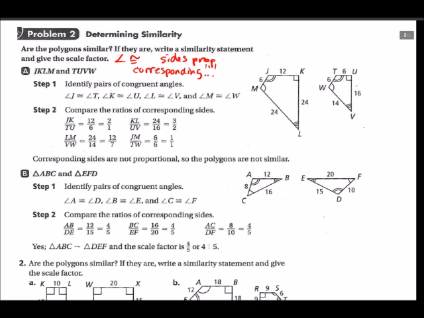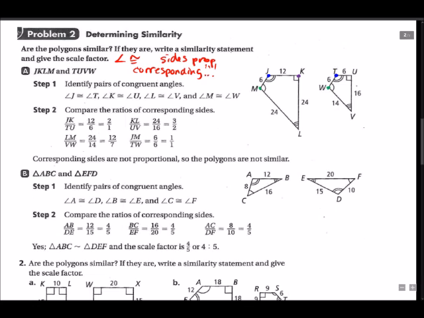So let's look at our angles first. It doesn't matter where we start. I'm going to start here at angle M just because it looks like a good place to start. It has one congruent mark. Well, so does angle W. And then I'm going to move to the angle 2. And I move to angle 2. So far we're looking good. And then I keep going around. There's my right angle.